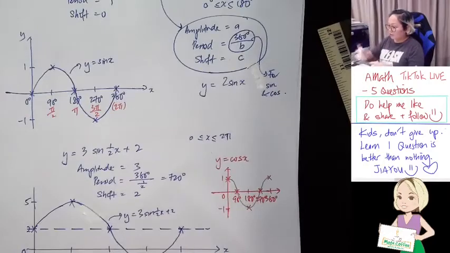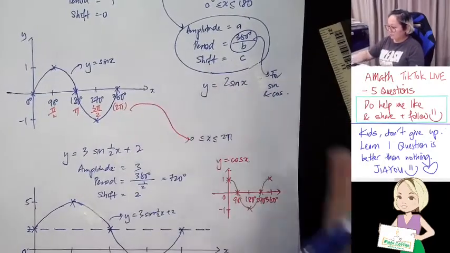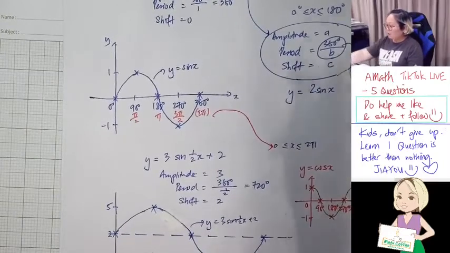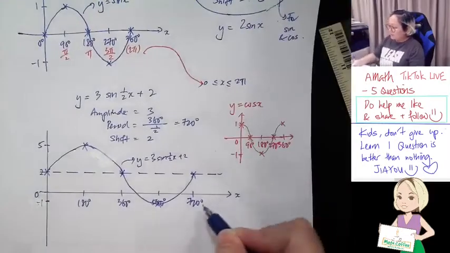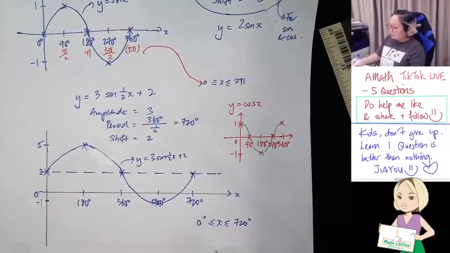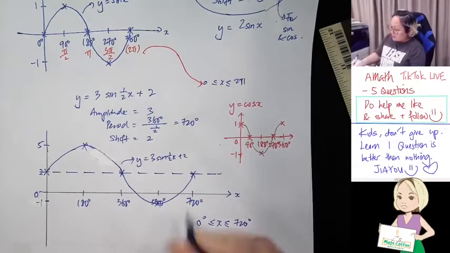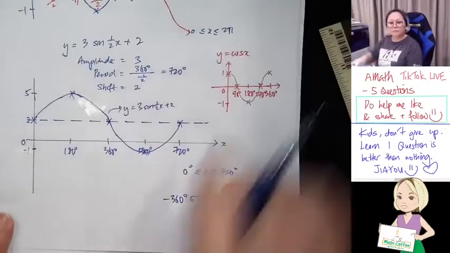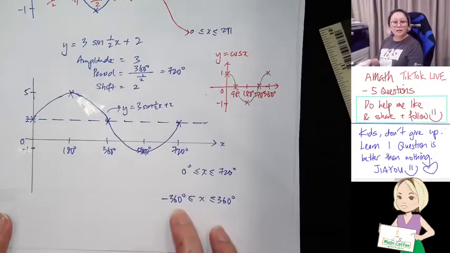Next, I'm going to talk about the tangent graph. Okay, in case they come out with questions asking you to draw, for example, this one I drew was x between 0 to 720. If they ask you to draw from x, let's say, 360 degree to minus 360 degree, if they ask you to draw negative, how are you going to draw?